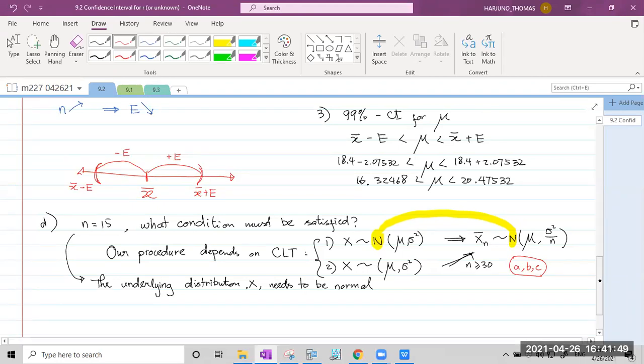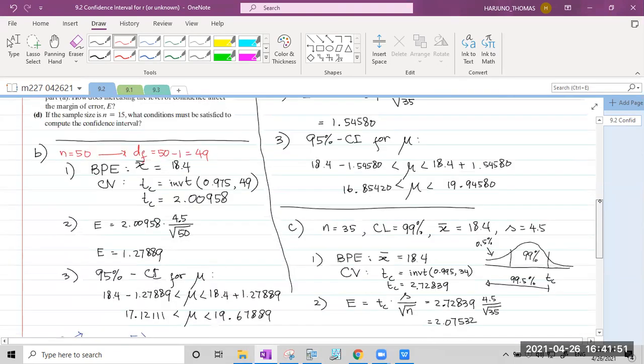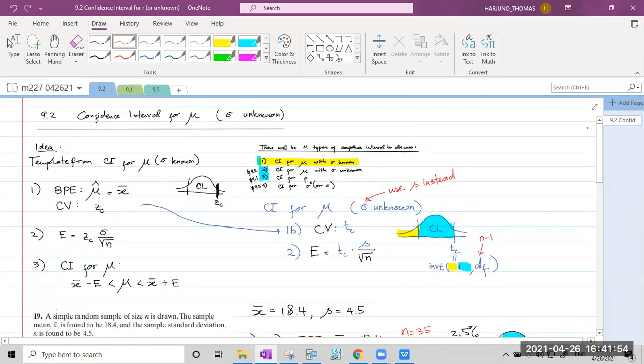Now, if you study what we did last Wednesday, you see that this is very similar to what we had last Wednesday. What happens if sigma is known? Then we use the standard normal distribution for the critical value, and this is the formula for margin of error.